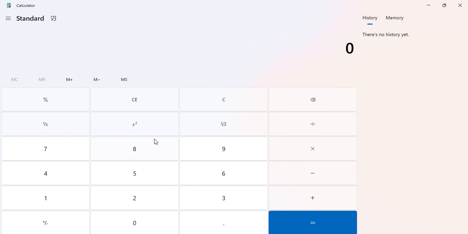So you can use the numbers 1, 2, 3, one operator and another number. When you press the equals symbol, that calculation is completed, and you can find the same calculation in the history section.